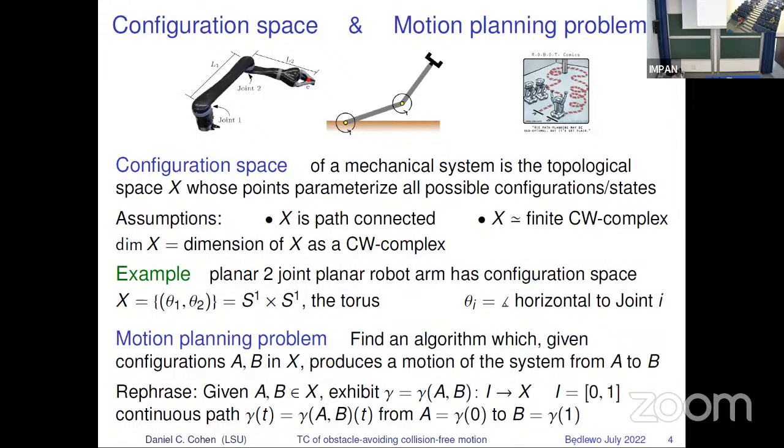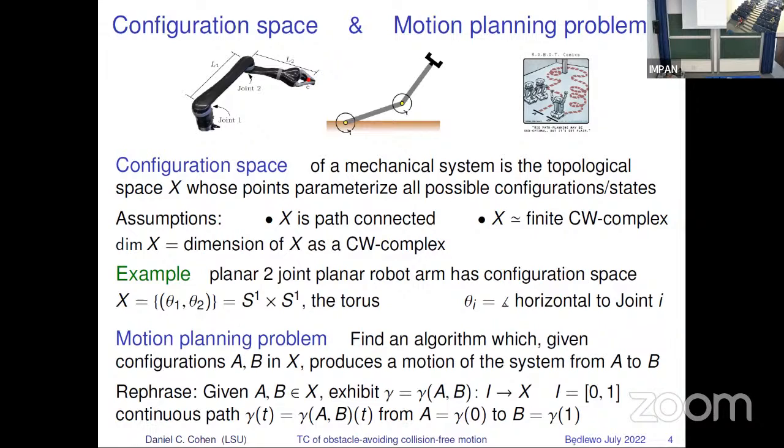By configuration space, I will mean broadly a topological space which encodes all possible states or configurations in a mechanical system. I will assume throughout that these configuration spaces are finite CW complexes, at least up to homotopy, and they're path connected. And I'll abbreviate dimension of X for the dimension of the configuration space as a CW complex.